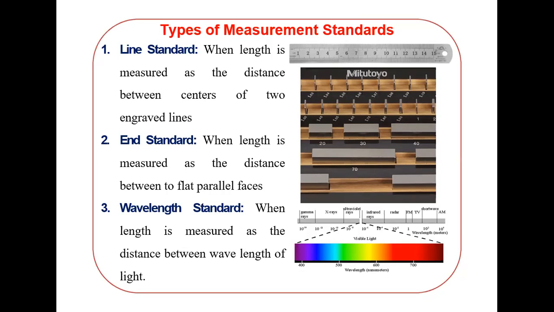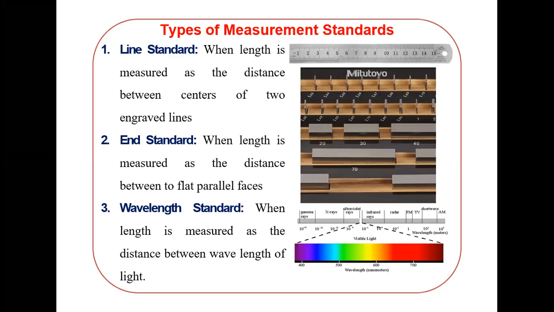And next, end standard is defined as the length measured as the distance between two flat parallel surfaces or faces. So it is the length between two parallel faces, as in vernier calipers, micrometers, dial gauge, slip gauge, or any other measuring standard.